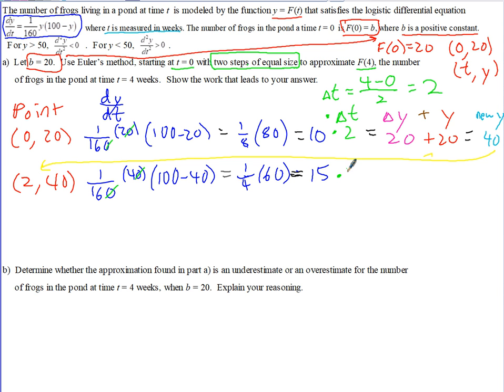Again, times the step size of 2 gives us a change in y of 30, plus the original y-coordinate at this point was 40. The new y-coordinate would be 70.